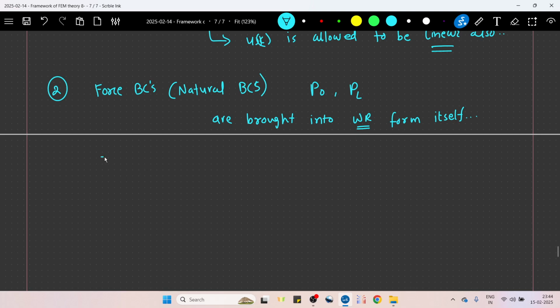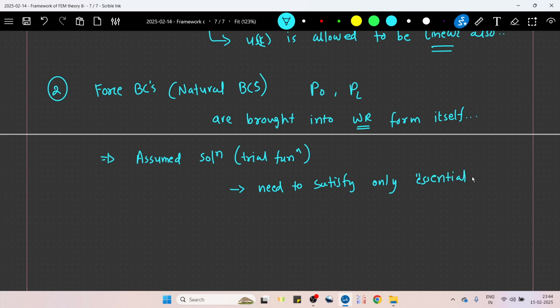And that means our assumed solution or trial function needs to satisfy only essential boundary conditions, because natural boundary conditions are inbuilt, embedded into the weak form itself.